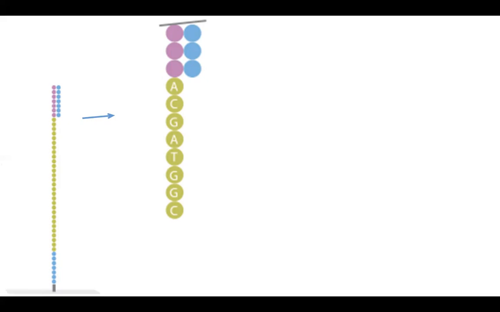Next, dNTPs are added. And these dNTPs contain a block. So a single dNTP nucleotide can be connected to the primer and elongated to the primer. But because of this block, it cannot continue and the next one cannot bind.